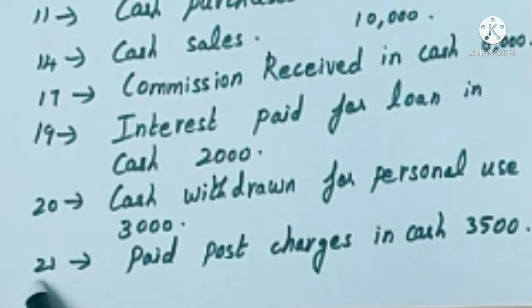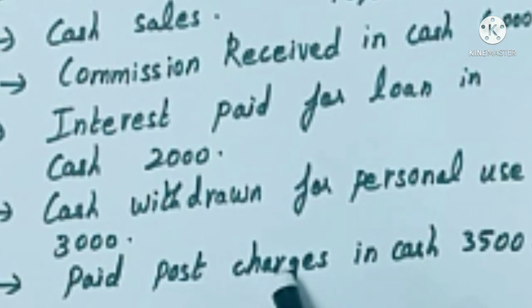The last transaction is on 21st June. Paid post charges in cash, rupees 3500. Post charges are expenses, so it should be debited as per the nominal account rule: debit all expenses and losses. So when we incur expense, what is happening?